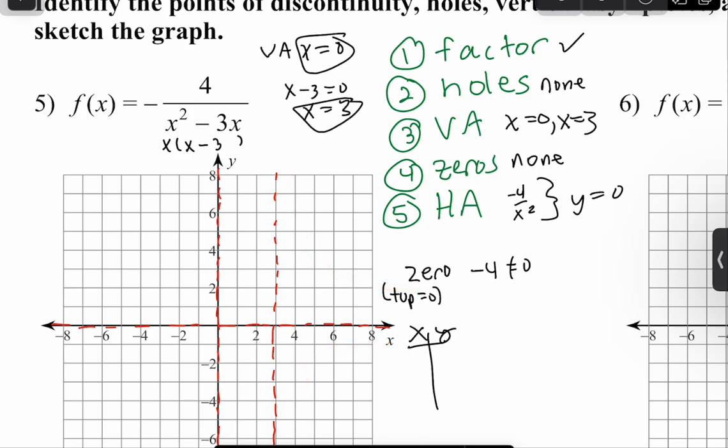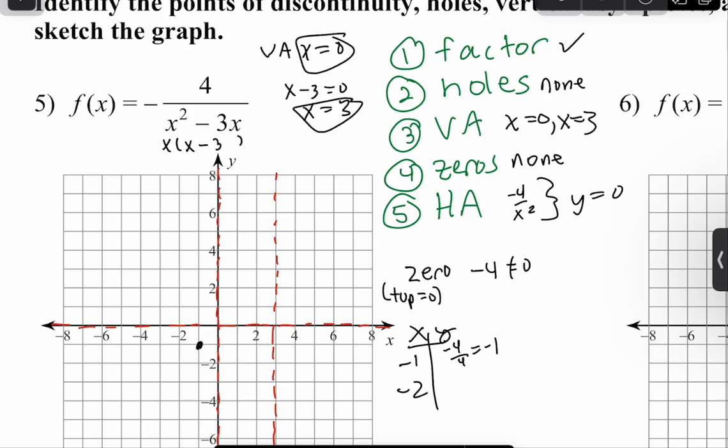So let's plug in some points. If we plug in something to the left of 0, I'm just going to plug in -1 and -2. If you plug in -1, I get -4 over 1 plus 3, which is 4, or negative 1. So go to negative 1 and put the point.